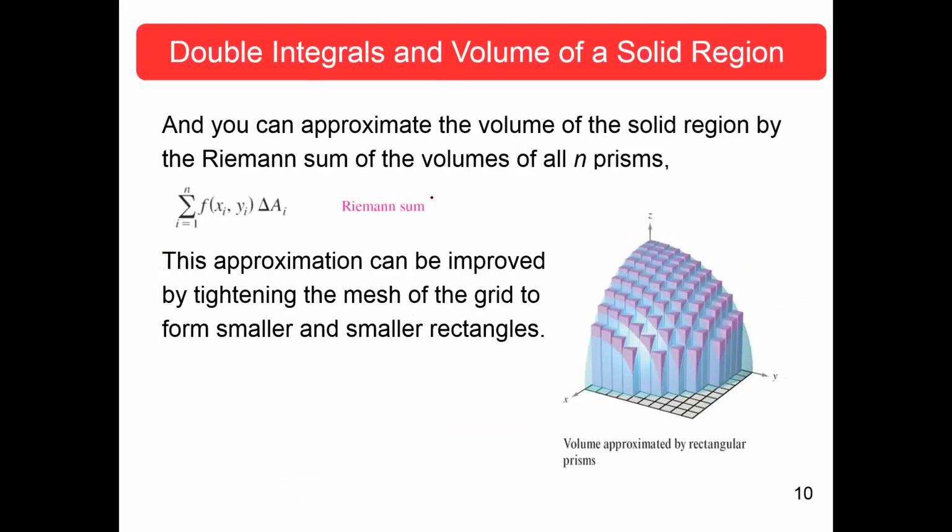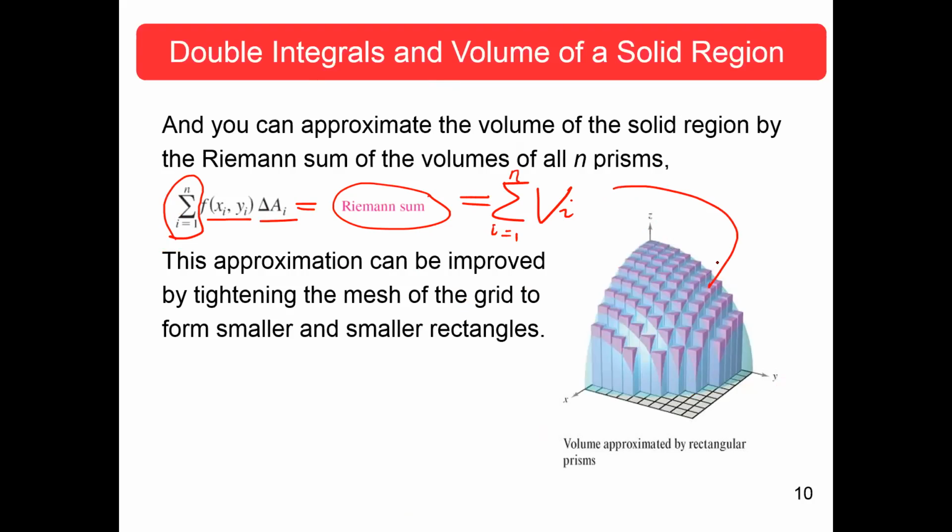So then we can get the Riemann sum, right? The Riemann sum will just be adding up all those. So the Riemann sum will just be the summation of V sub i. Say I have n prisms, then I just add up all their volumes. So the sigma of V sub i will be the summation of the area of the base times the height, right?